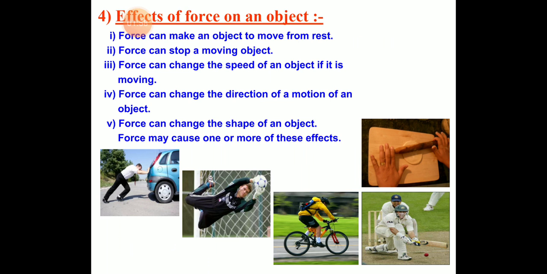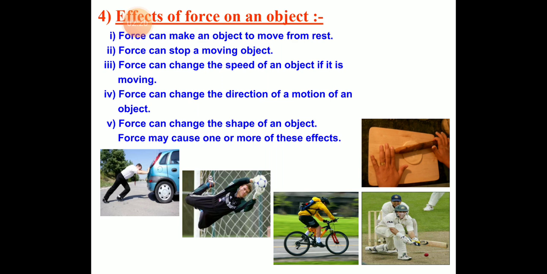Effect of force on an object. Force can make an object move from rest. If we are kicking the ball, then it means we are moving the football from rest. Force can stop a moving object. See the goalkeeper. Force can change the speed of an object if it is moving.